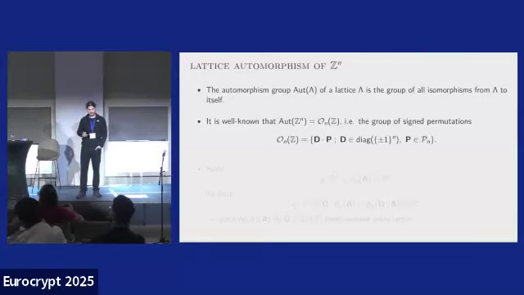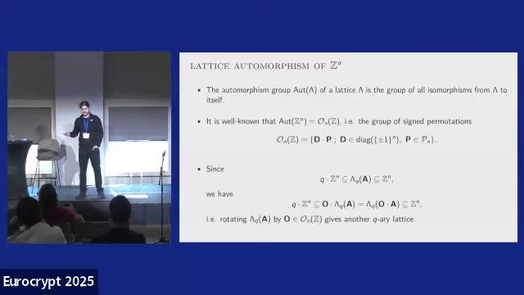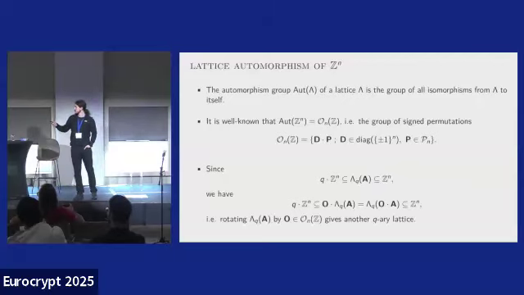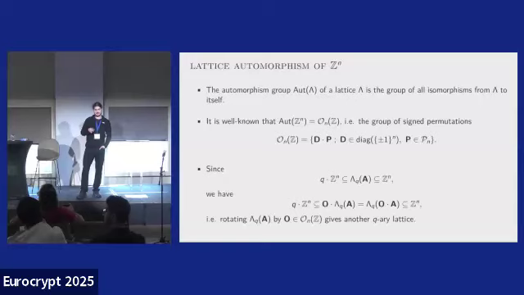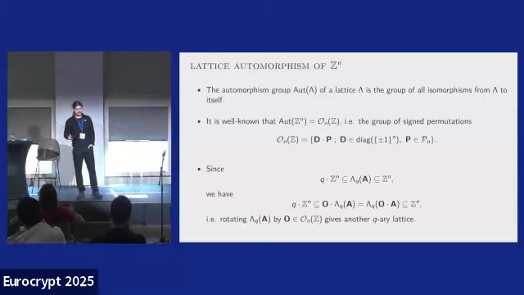It's a finite group, and it's easy to verify that this of course preserves Z^n. It also preserves the scaled lattice Q Z^n, and then it maps any Q-ary lattice back to possibly another Q-ary lattice, right? So that's good.